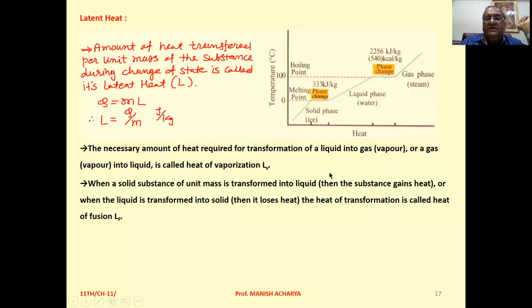Now latent heat. We discussed that when the transition of the state takes place, both the states of the matter are at the same temperature.